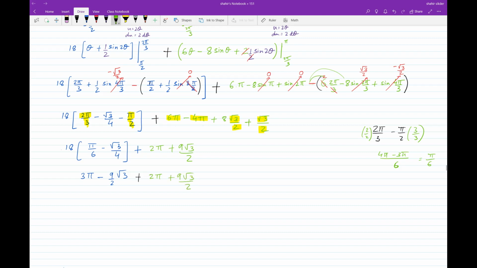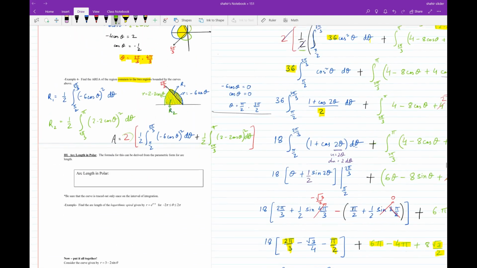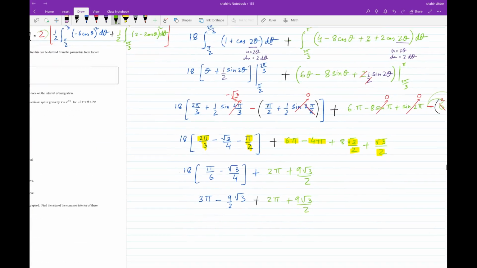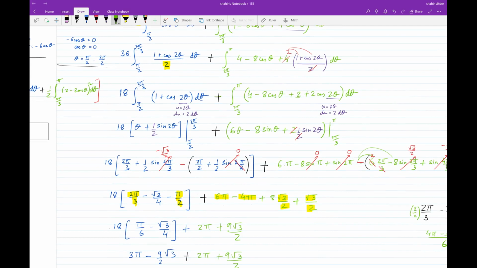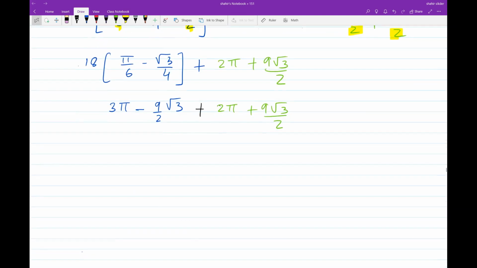Now if you think about it, remember we split them up into two parts, two regions. This blue region right here, and all of the green regions is the bottom, which is right here. And if you wanted to do the integrals separately, the blue region R1's answer is this 3 pi minus 9/2 root 3, and the green one is 2 pi plus 9 root 3 over 2.